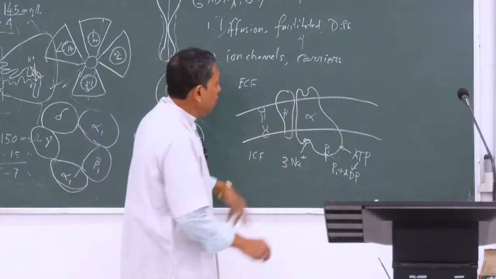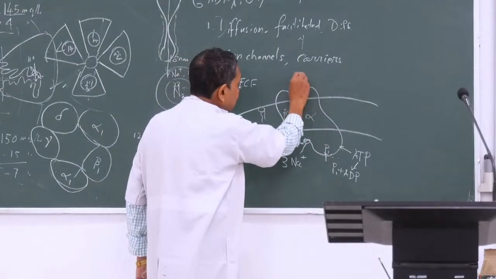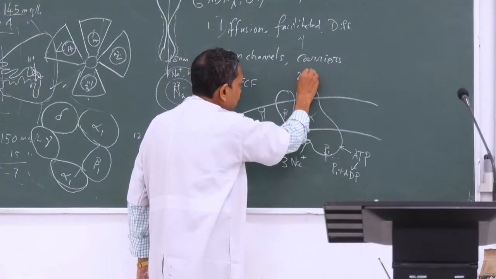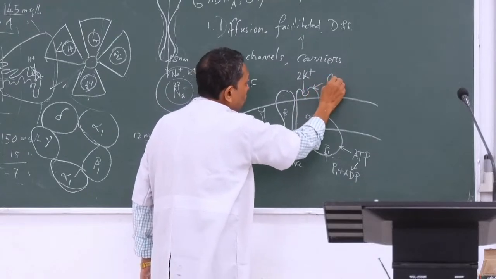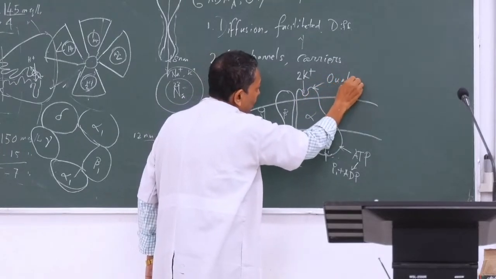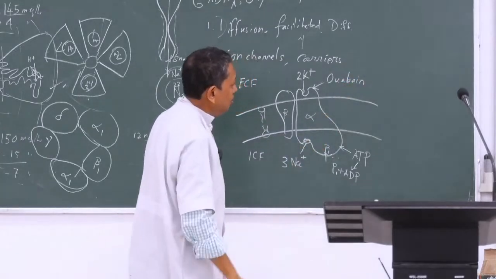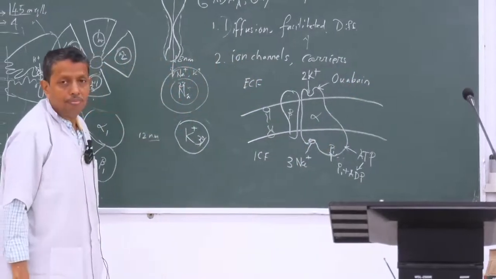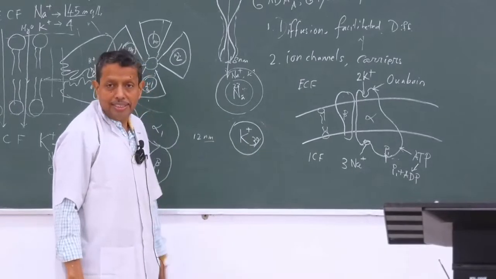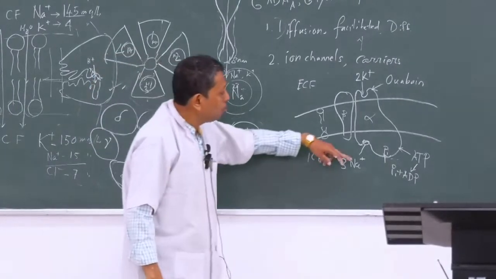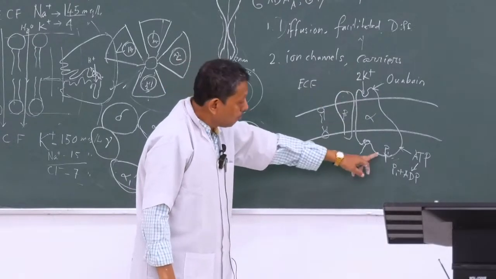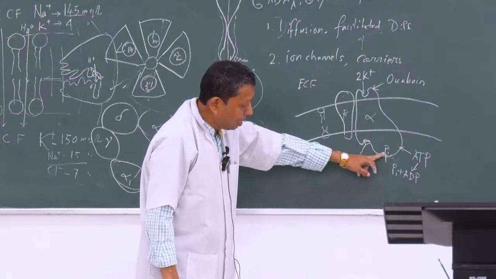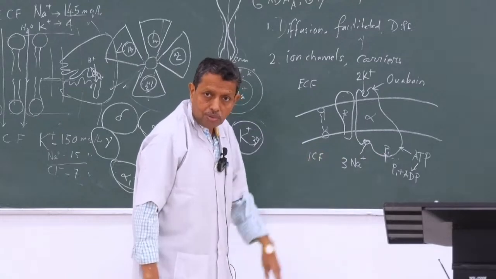At the same time there are 2 potassium ion binding sites, and it is the ouabain binding site. Digitalis is ouabain, ouabain binding sites. There is conformational change, and sodium is pulled to outside, and potassium comes in, and this phosphate that unites, they will come out.